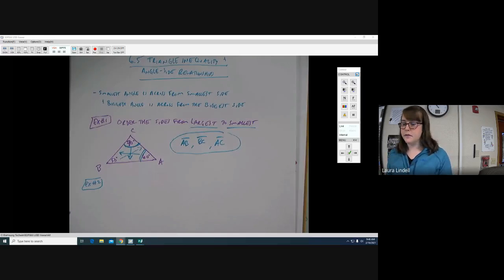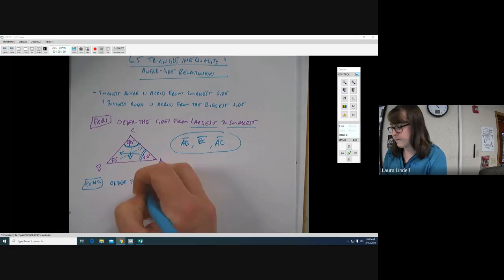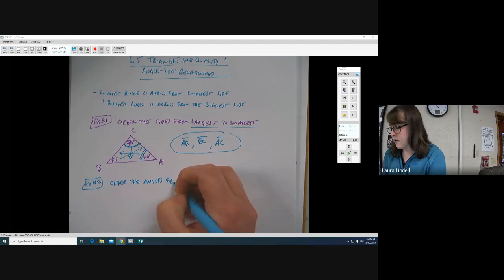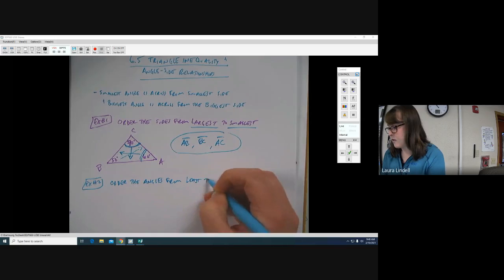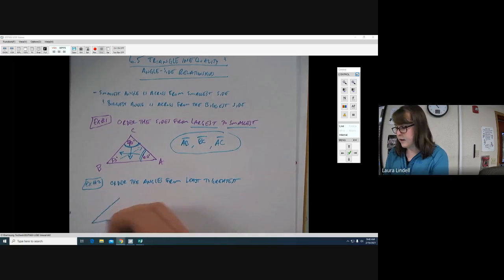We're going to order the angles instead. We'll go from least to greatest this time. And our triangle is going to look like that.